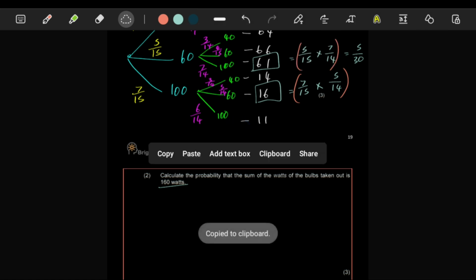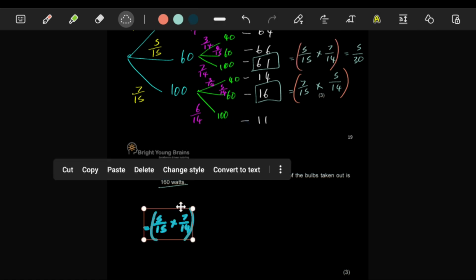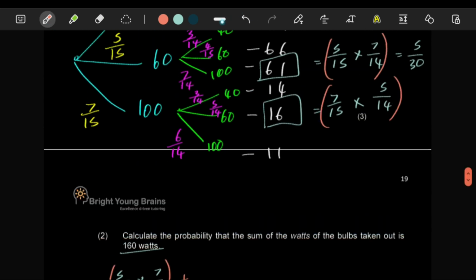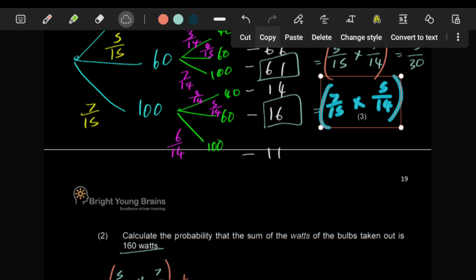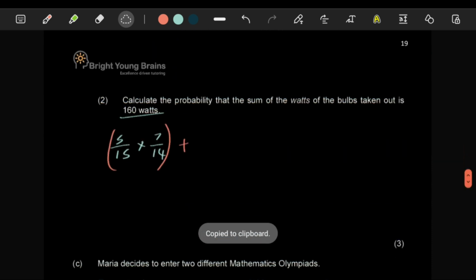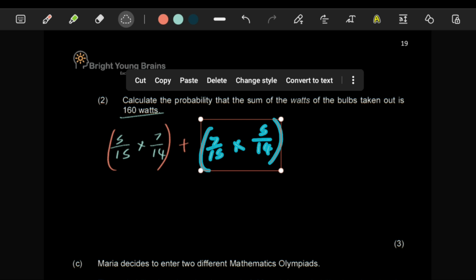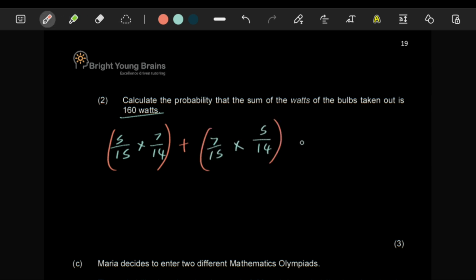Let me paste this over here. And then you have to plus this one. Plus this one. Let me copy this. Let's paste it over there. Paste. And then your final answer is your probability.